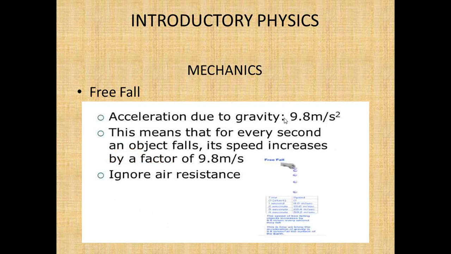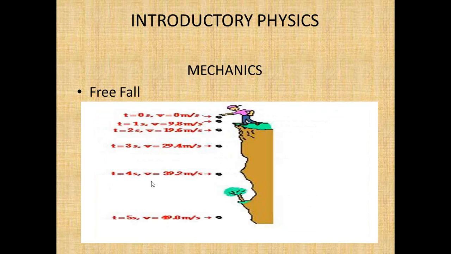It tells you that the motion is downwards, the pull is downwards. That means for every second an object falls, if you drop an object, the speed increases by 9.8 meters per second. And of course, we ignore air resistance.